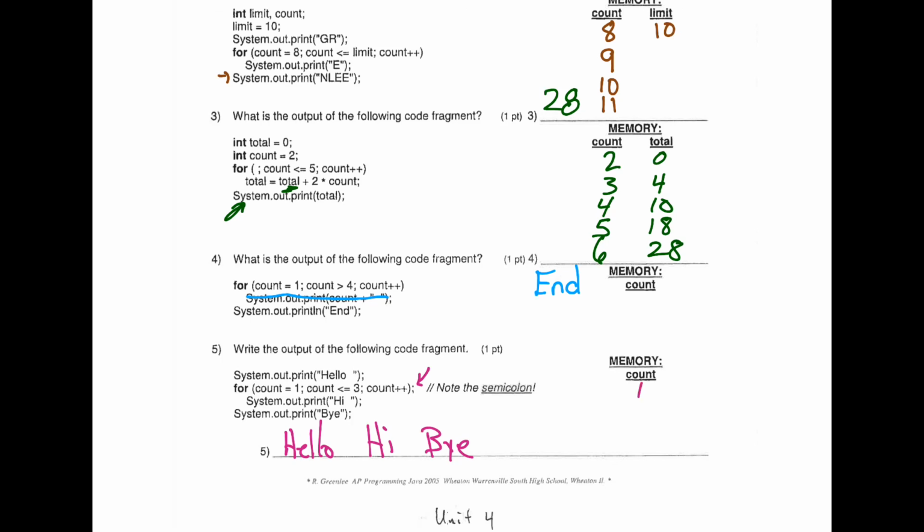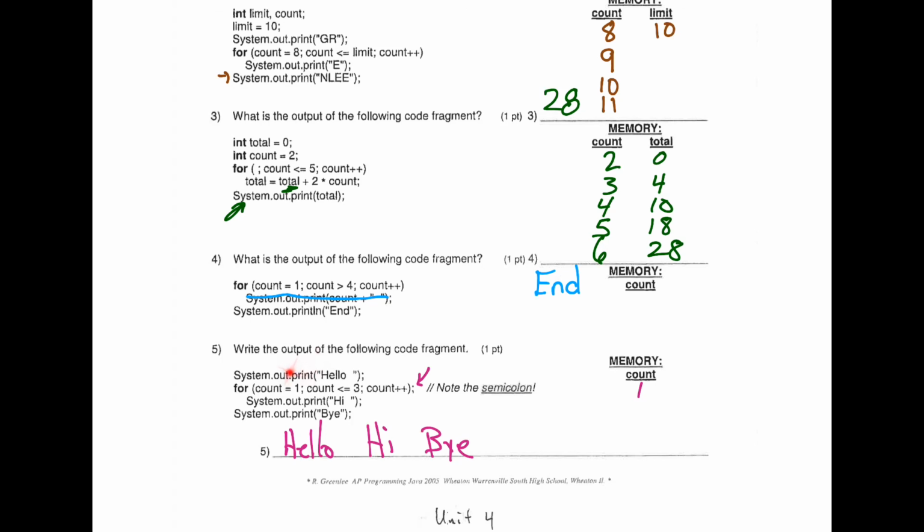Count starts at 1. Literally Java is going to run this line, count equals 1. Okay, so 1. And then count less than or equal to 3. Okay, 1 is less than or equal to 3. And then we increment count. But we have a semicolon, which means this line ends. So it's not going to actually do anything. It's just picking out these problems.